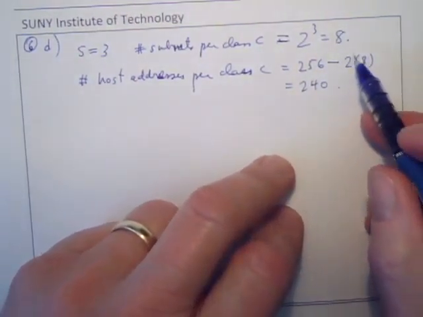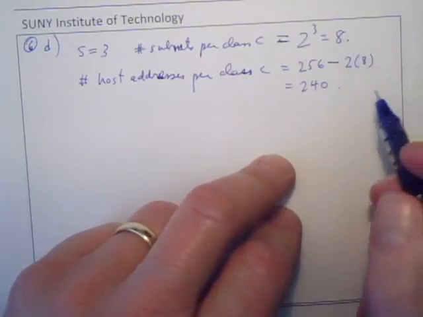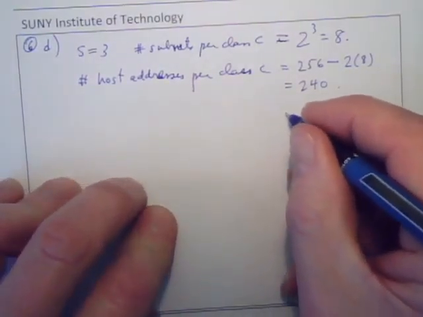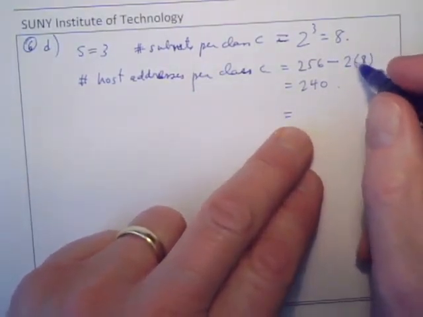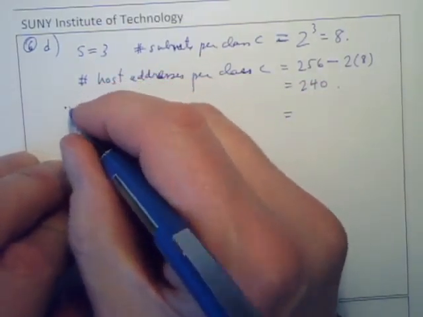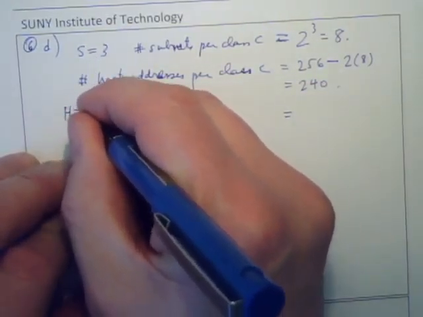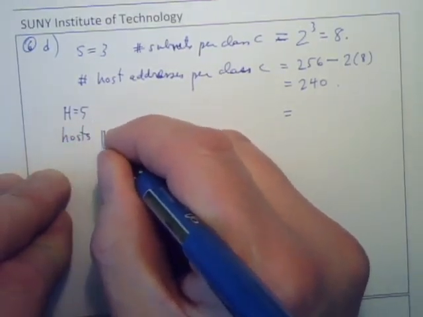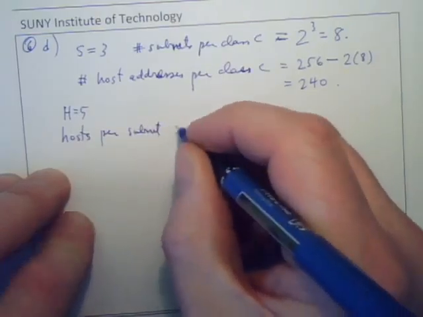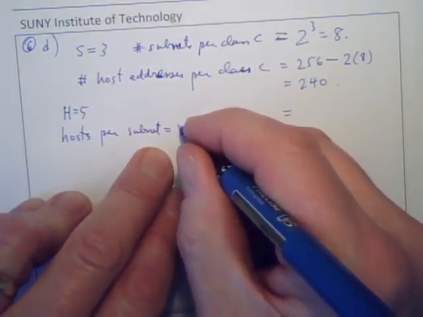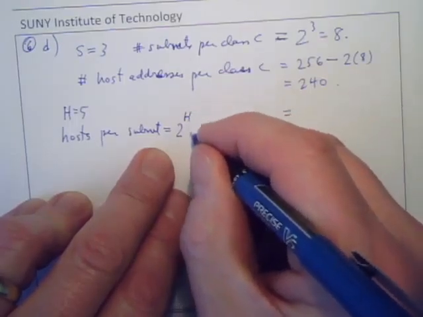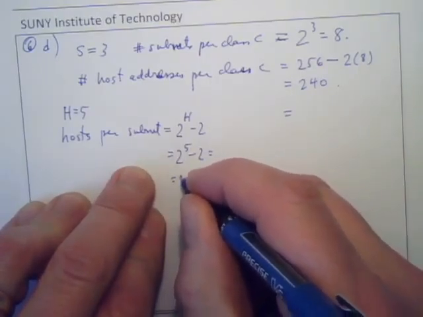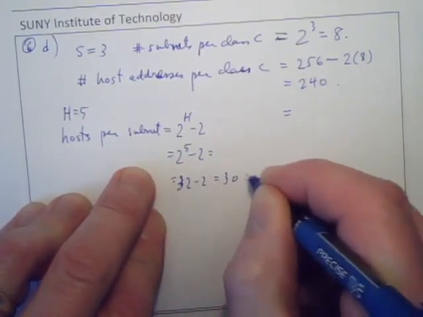Here I lose 2 addresses for every subnet. And that's one way of calculating it. Take the total number minus that. The other way is to say that because S is 3 and we're starting with Class C, the H is 5, and so the hosts per subnet is equal to 2 to the H minus 2, which is 2 to the 5th minus 2, which is 32 minus 2, or 30.